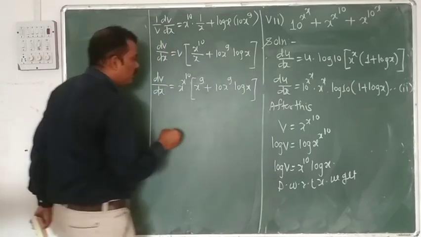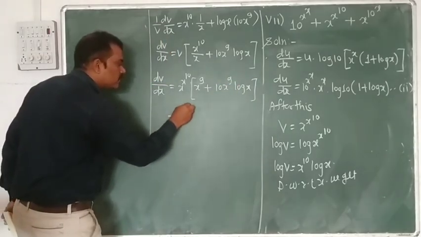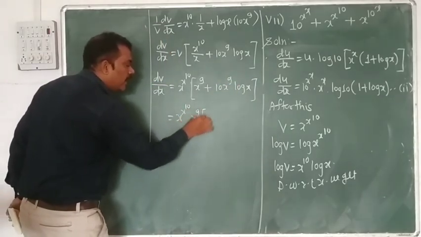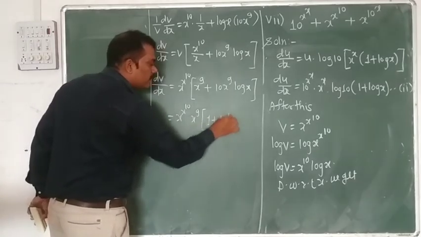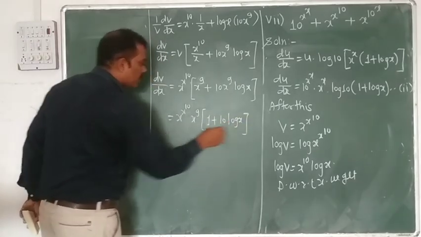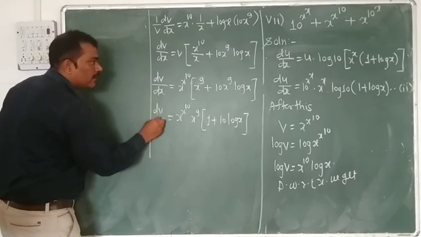Here x raised to 10 we have to take common, so that x raised to 10 into x raised to 9 into bracket 1 plus 10 times log x. This is the value of dv by dx.